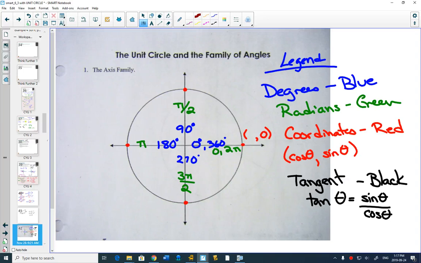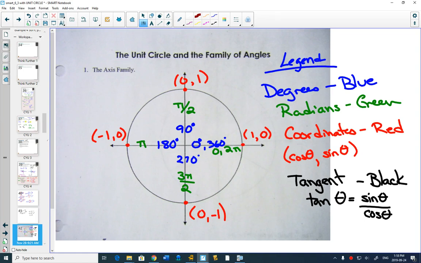The radius is 1. How many units would I go if I went over this way? 1. And if the radius is 1 and I went up here, it makes sense that you'd have the coordinate 0, 1. Now I go 1 to the left. Negative 1, 0. And finally, 1 down, 0, negative 1.